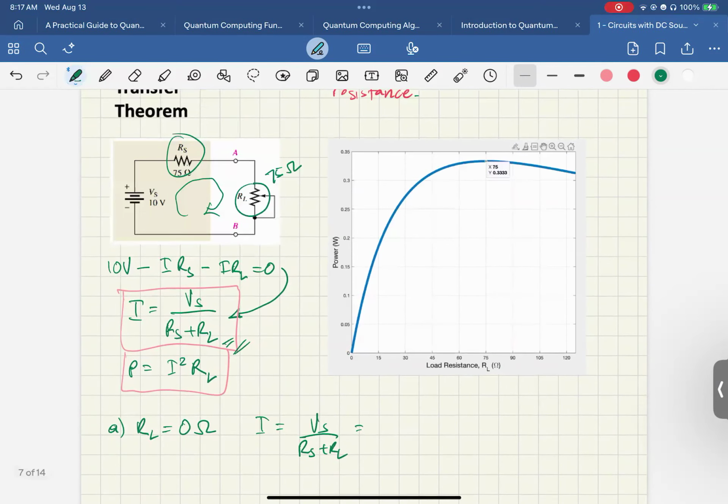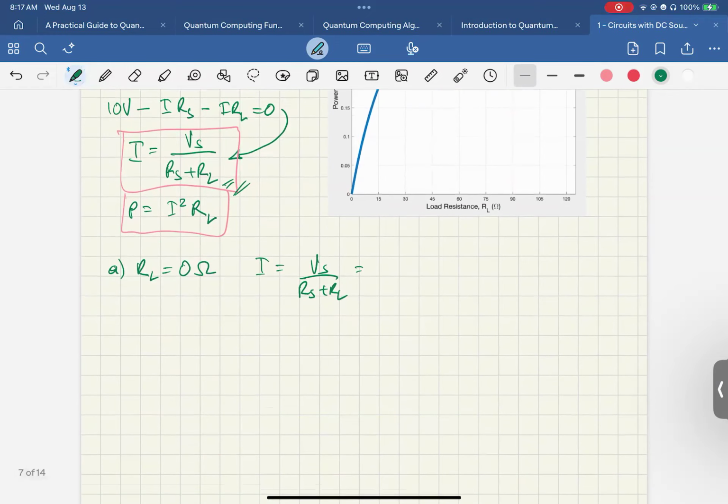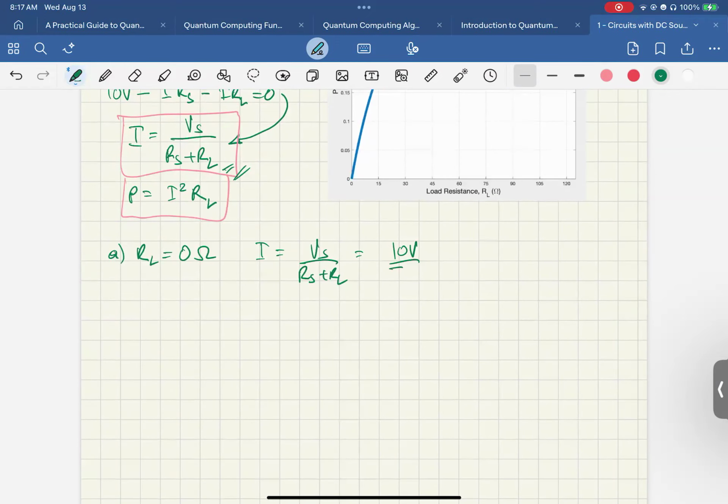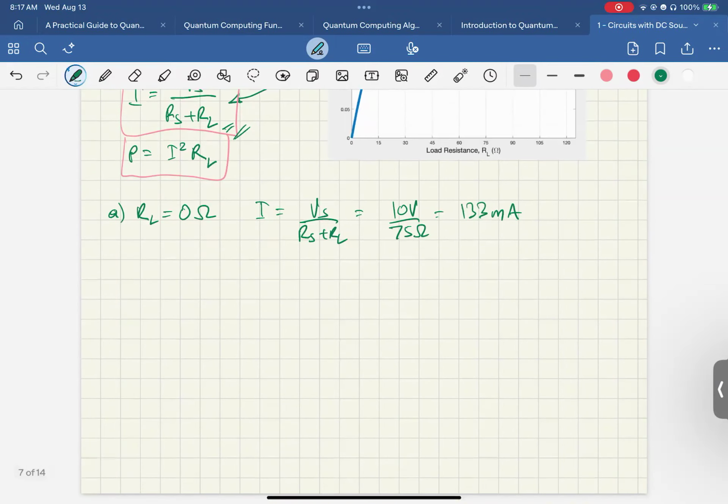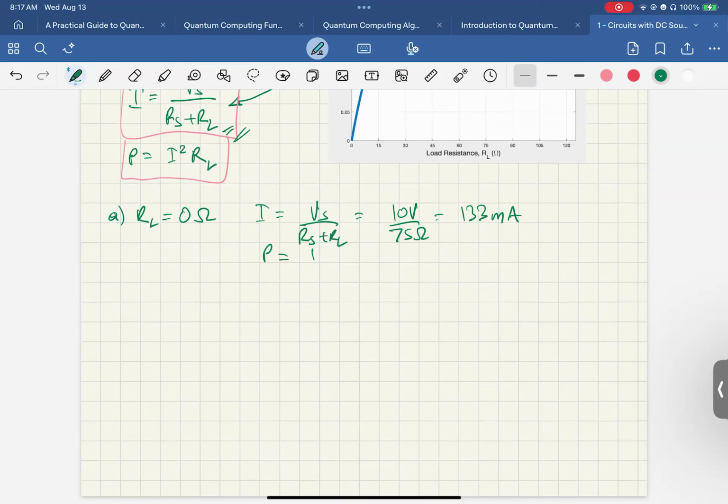If sa circuit ang V sub S natin is 10 volts, RS is 75. So 10 volts divided by 75 ohms, that's equal to 133 milliamperes. And yung power is I squared R, so that's equal to 133 milliamperes squared times 0.